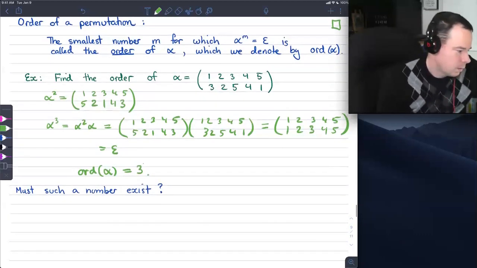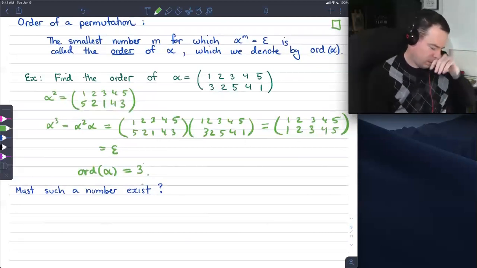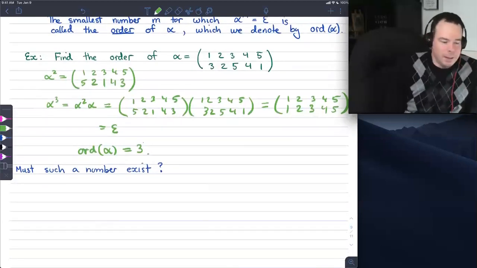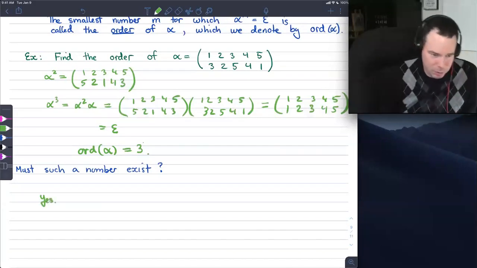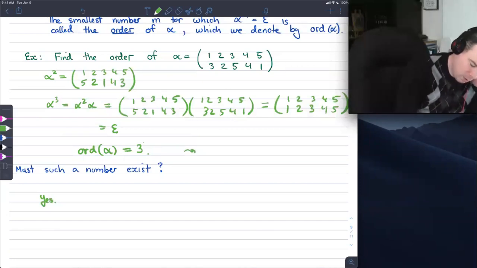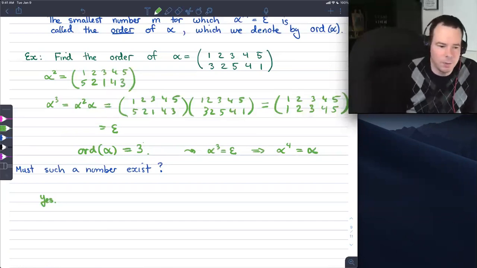And the question is, must the order of an element exist? Must such a number exist? And the answer is yes. So this comes back to your question about whether there is a power which will produce the identity itself. Once I know that alpha cubed is the identity, then if I multiply both sides by alpha, I get that alpha to the 4th is alpha.